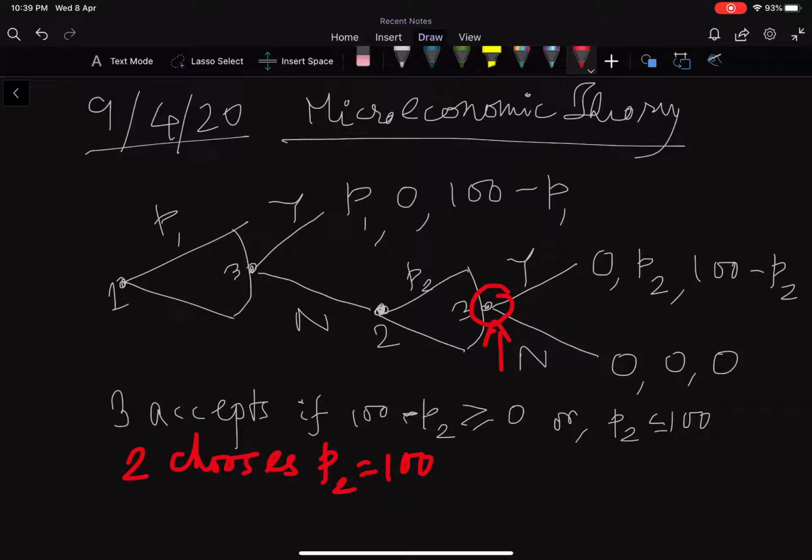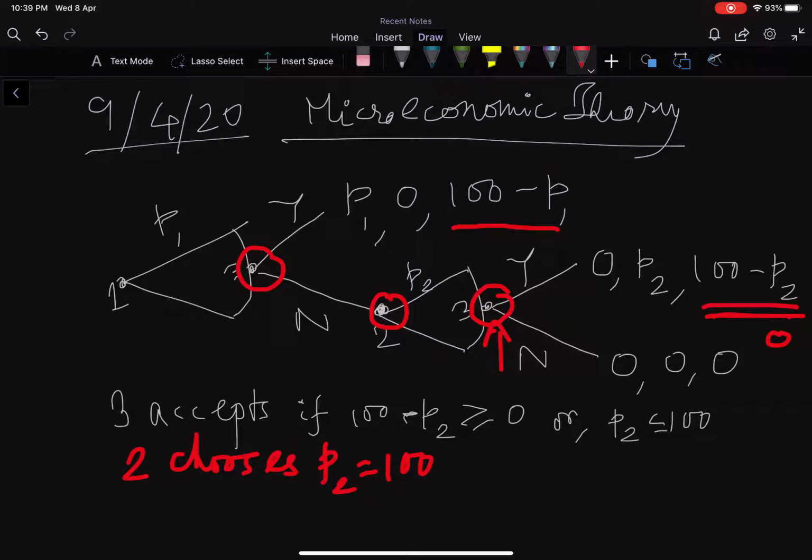Now what would be player 3's strategy here, knowing that 2 is going to choose an offer of 100? Player 3 will compare this payoff with this payoff. But this payoff is 0, correct? This payoff is 0, right, because of 2's optimal strategy.